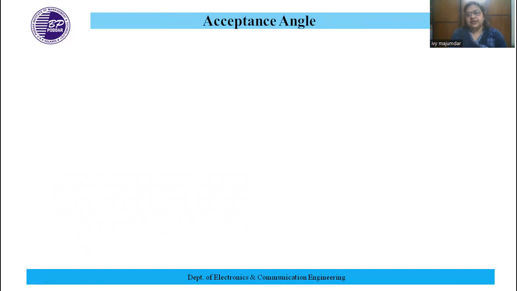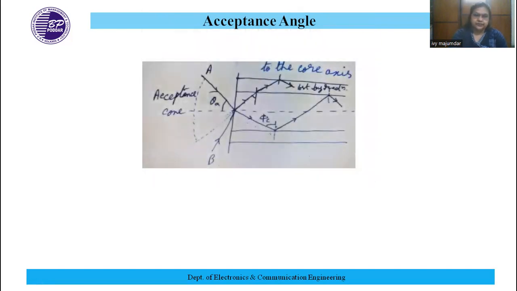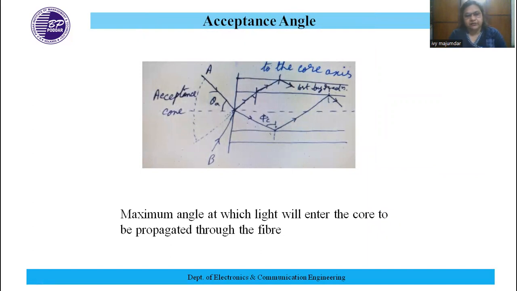Now we will discuss two properties of fibers: acceptance angle and numerical aperture. What is acceptance angle? Acceptance angle can be defined as the maximum angle at which light will enter the core to be propagated through the fiber.